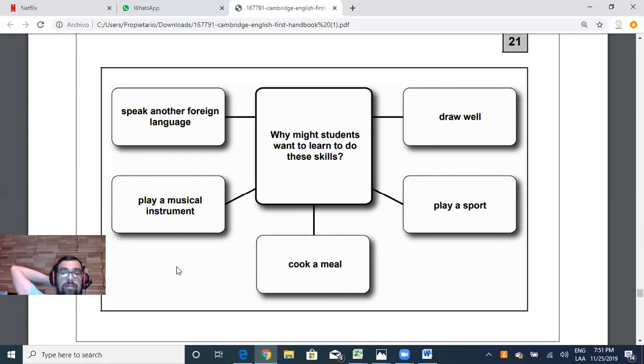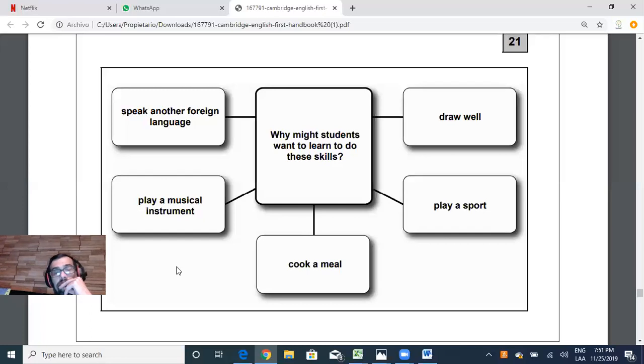And playing a musical instrument, I think, could be another good option, because it can help the students in the future if they want to be a musician, or if they are trying to be a singer.